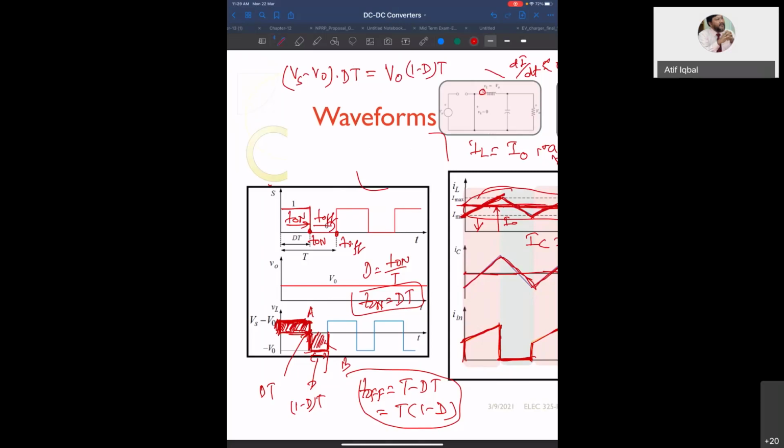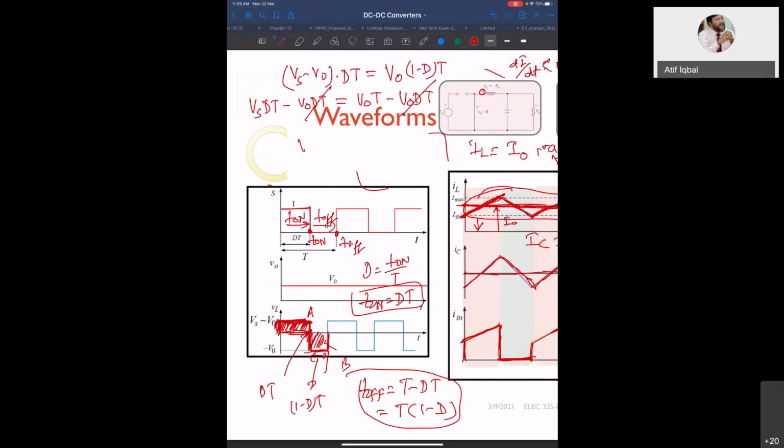So from here, what can you find? Simplify this: Vs into DT minus V naught into DT is equal to V naught into T minus V naught into DT. So V naught DT cancels out.